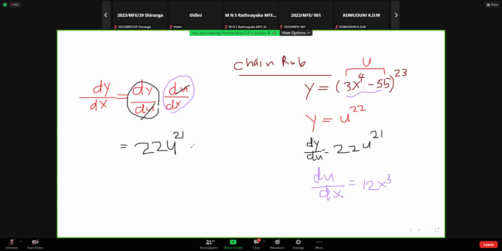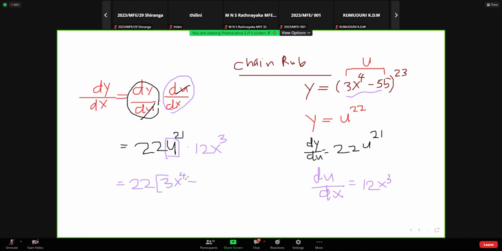So that you write here, then you can simplify and you can get the answer. Simplify means basically you can multiply. But here you get the answer with the u, then you have to replace this u here.